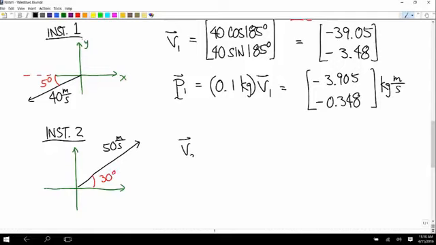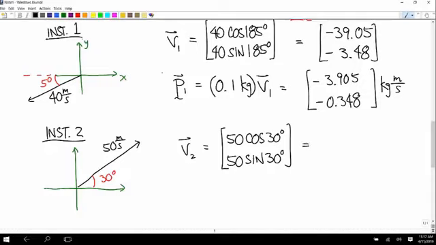And so the velocity vector at instant 2 is 50 times cosine and sine of 30, and that is 43.3 and 25.